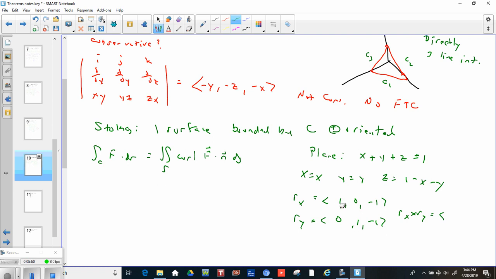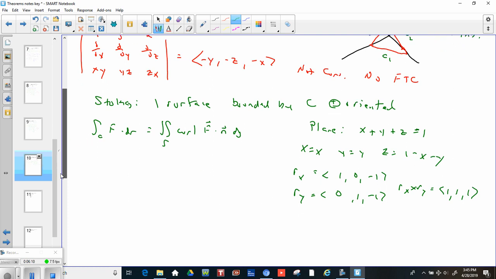So if I eliminate this row, I'm going to get 0 minus minus 1, which is 1. Getting rid of this one, we're going to get -1 minus 0, but change the sign, so that's 1. Getting rid of this one, 1 minus 0, so that's 1. Okay, and that's positive, so it's outwardly oriented, which is good. This right here is our normal vector.